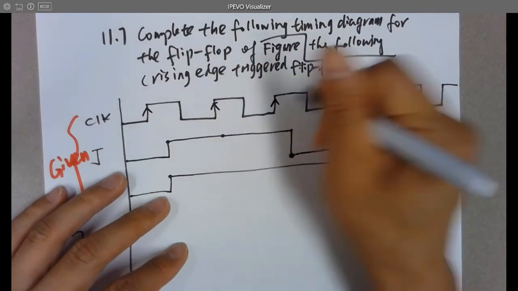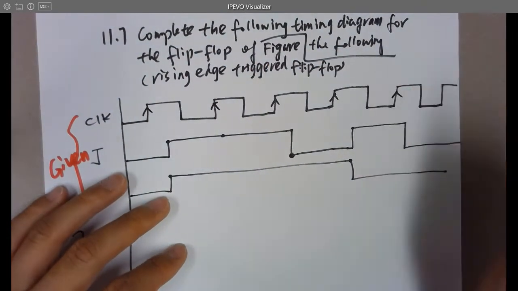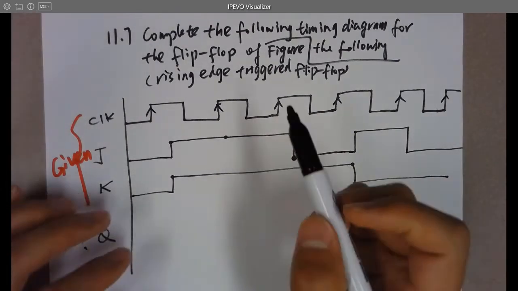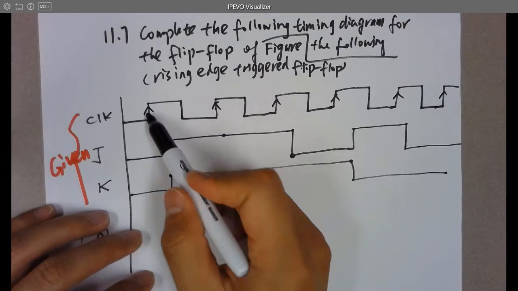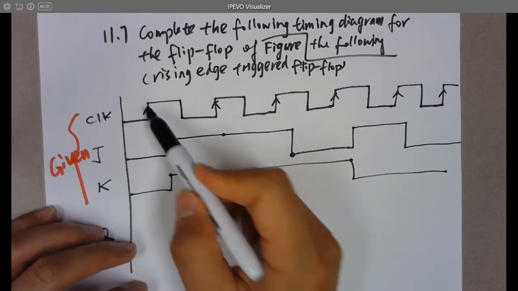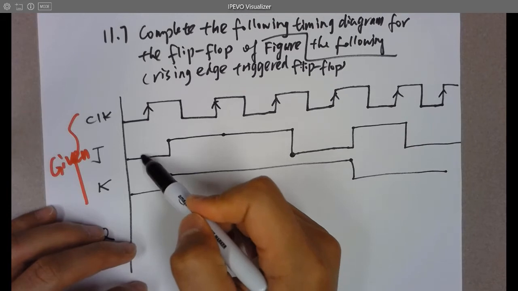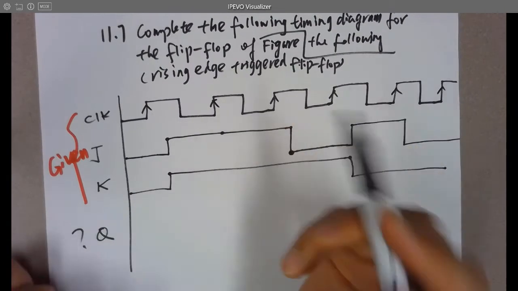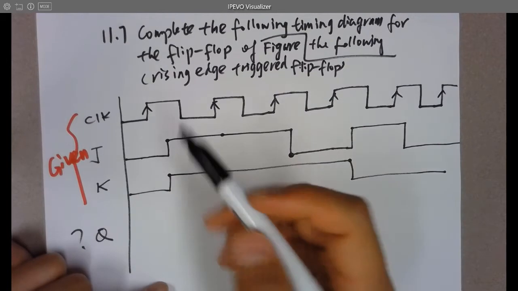So changes will happen here at the rising edge. And remember that at the rising edge, what the JK flip flop does is pass whatever is at J and K to Q. That's it. That's what the master slave JK flip flop does.